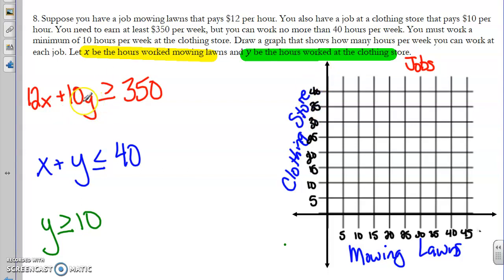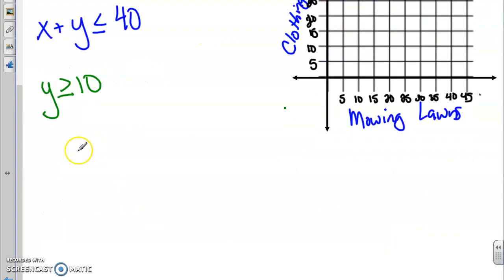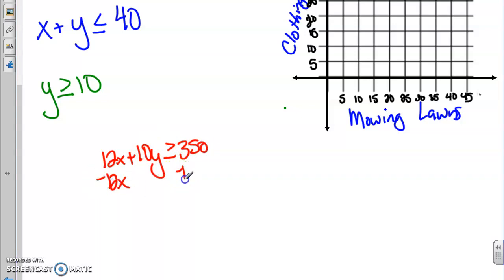So on the red equation, he is not in slope-intercept form. So let's come down here and solve him for slope-intercept form first. He was 12x plus 10y greater than or equal to 350. So I'm going to subtract 12x from both sides. 10y greater than or equal to negative 12x plus 350.